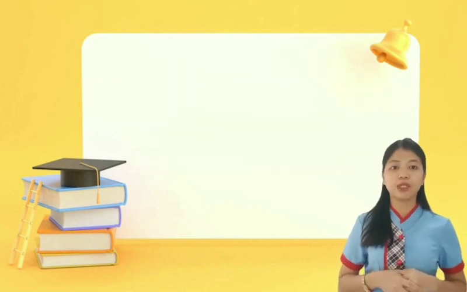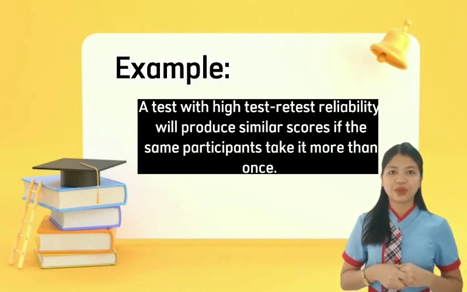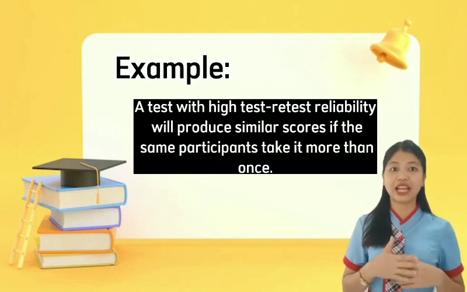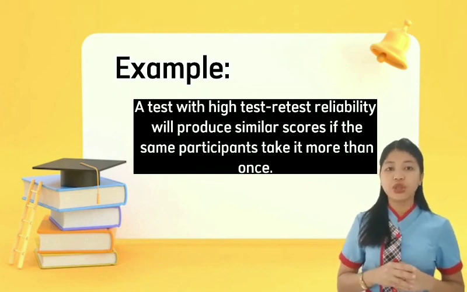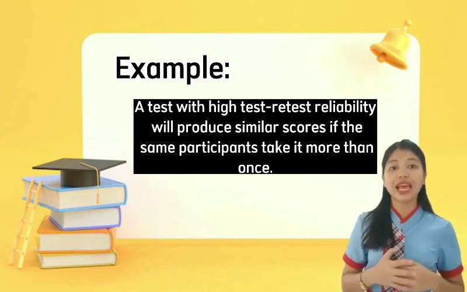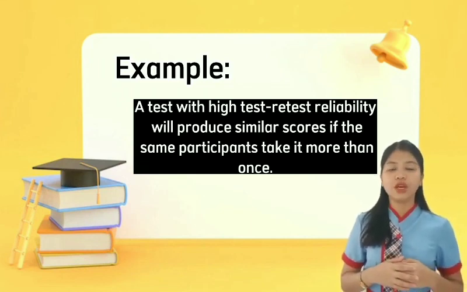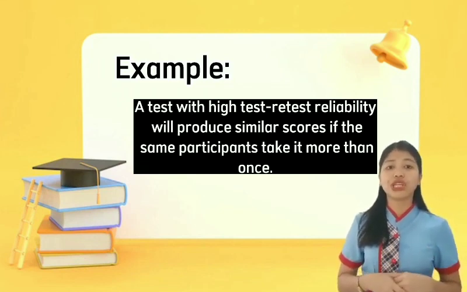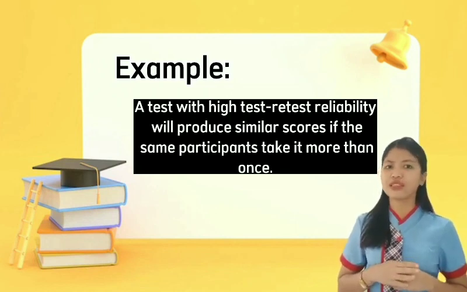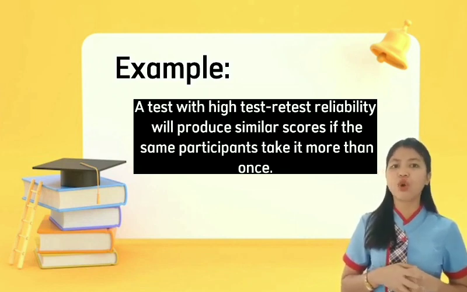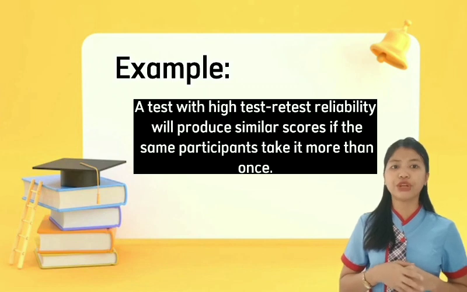Let's say, for example, a test with high test-retest reliability will produce similar scores if the same participants take it more than once. If the students take a test with low test-retest reliability, their scores may be very different even though they take the same test again.